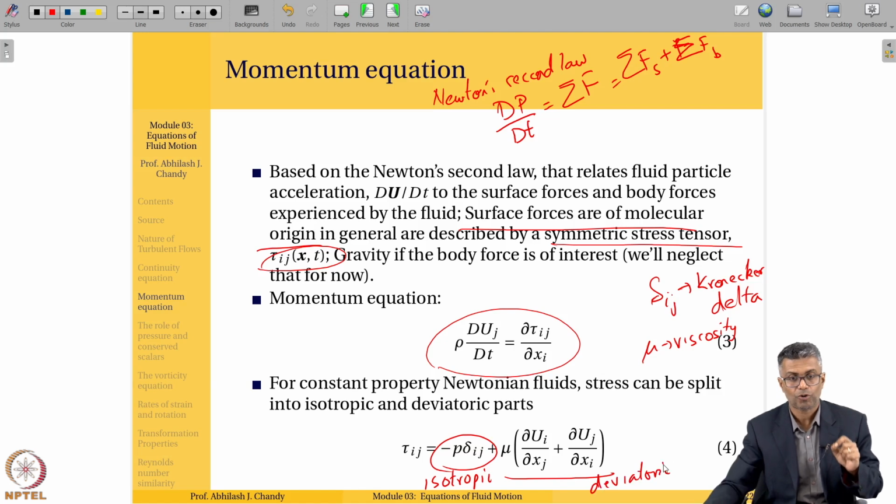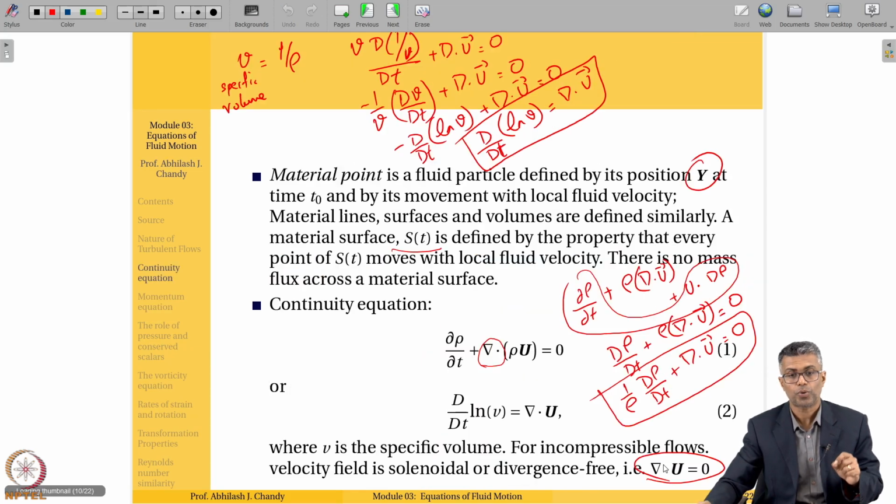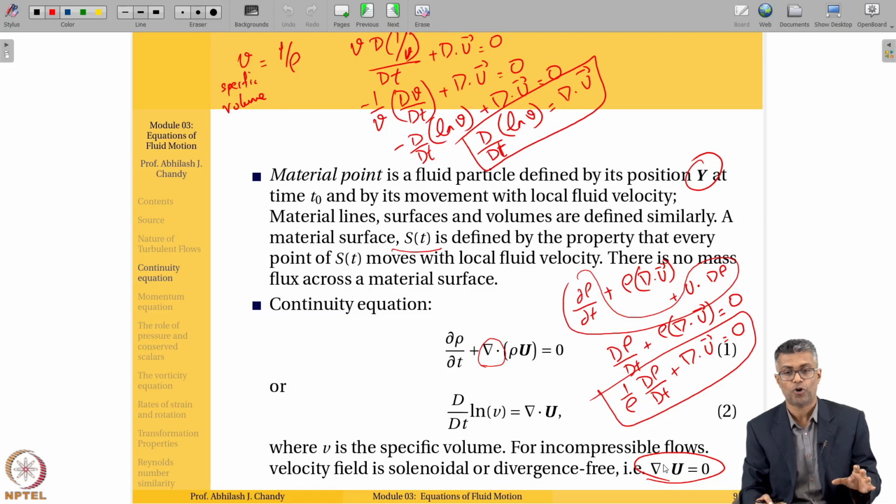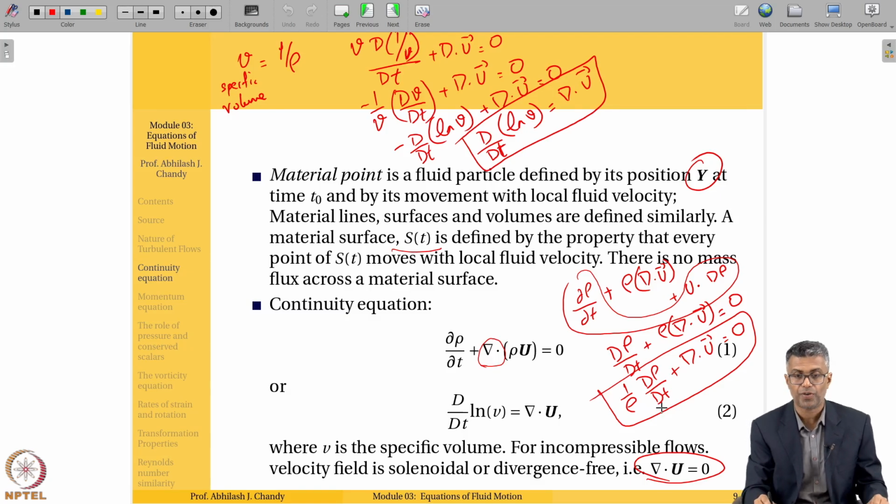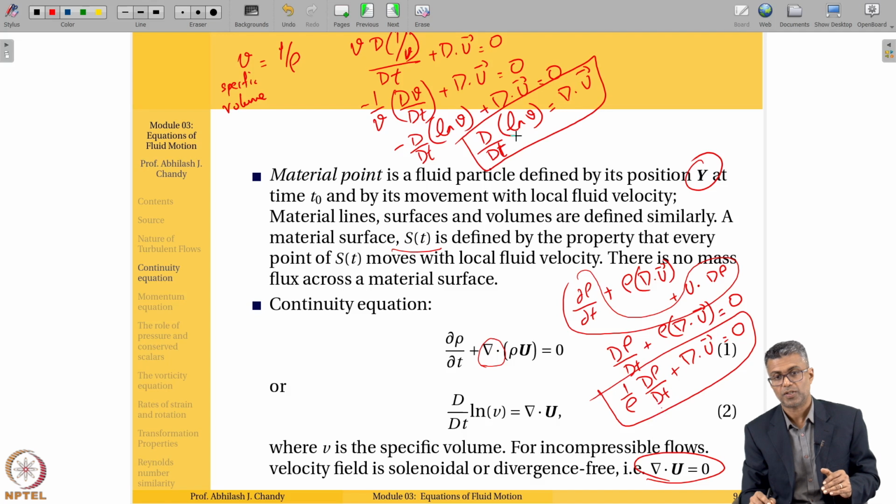So what we have looked at here is the continuity equation and the momentum equation. The continuity equation, we wrote it as del rho del t plus del dot rho u is equal to 0. You have an unsteady term. And then we represented it in two different forms, one as a material derivative of density and another as a material derivative of specific volume. Remember, specific volume is the inverse of density.